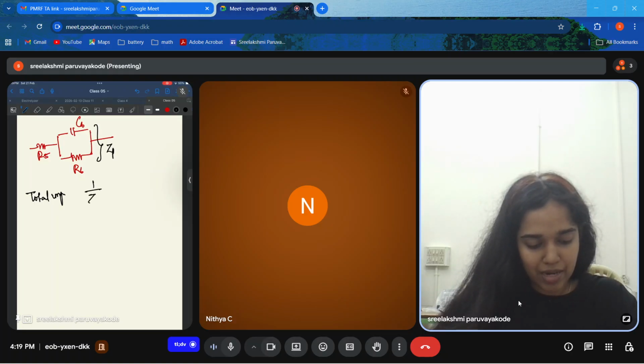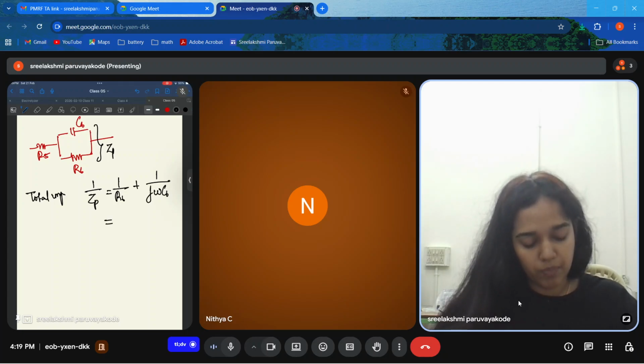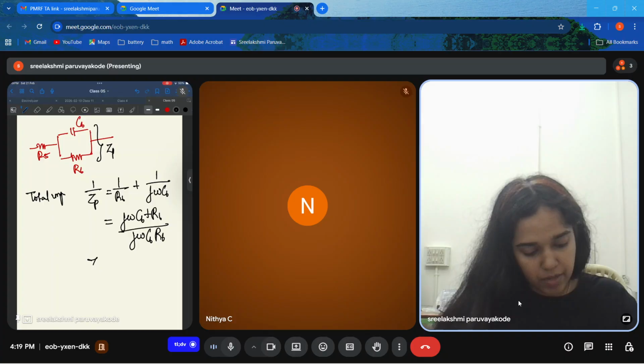Let me take 1 by Zp equal to 1 by R6 plus 1 by j omega C6. Now you simply multiply by j omega C6 R6, and the Zp value becomes j omega C6 R6 by j omega C6 plus R6.